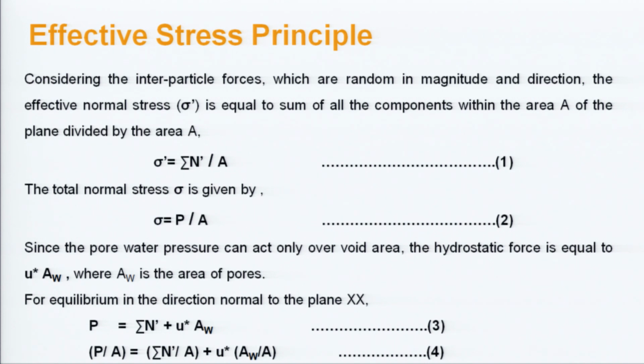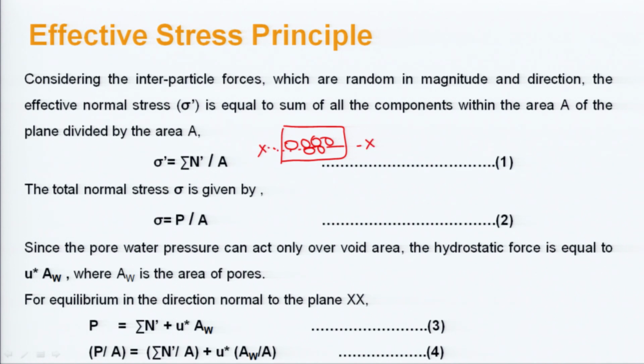So, if we talk about the effective stress, it will be equal to the sum of all the components within that area, that is, the soil sample we took at this XX section.